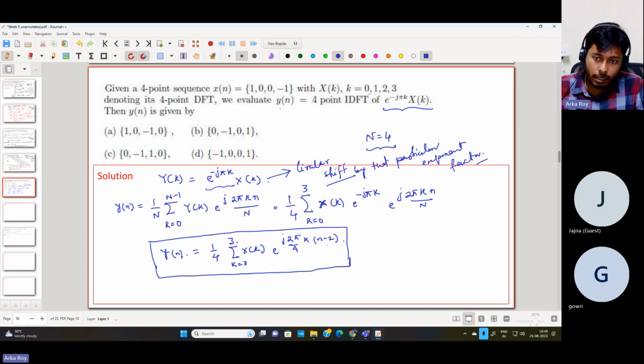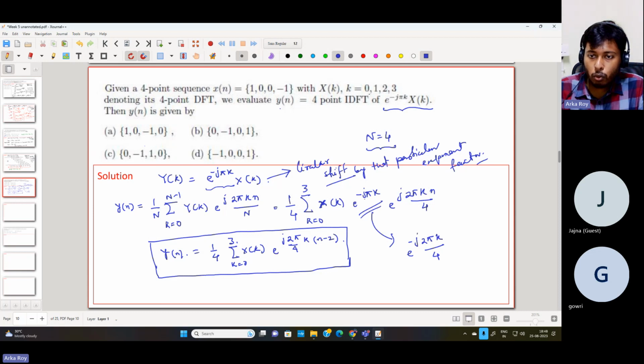So here I can see that the exponent factor for this particular thing is basically 2. So you can even get the idea like e to the power j. So it would be in the form of e to the power j 2 pi k n divided by n. So here let me just replace this capital N by 4. So this is 4. So I can write it as e to the power minus j 2 pi k by 4. This is I am taking to the standard representation.